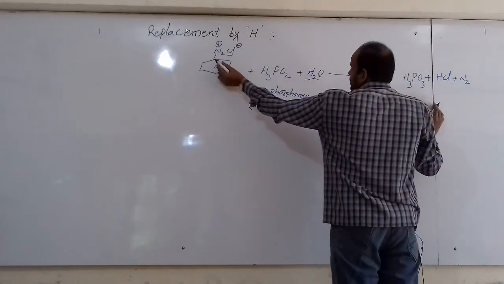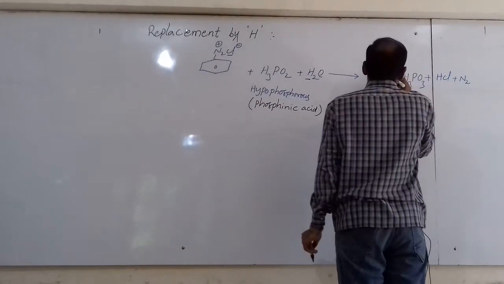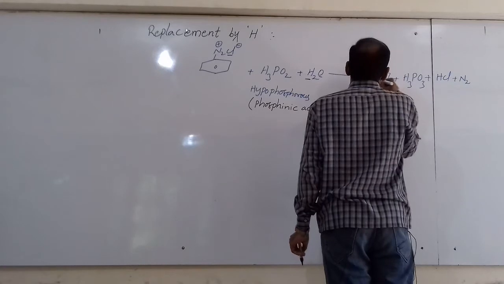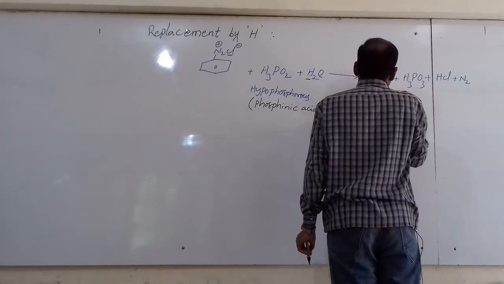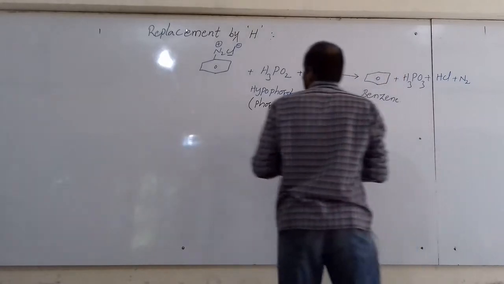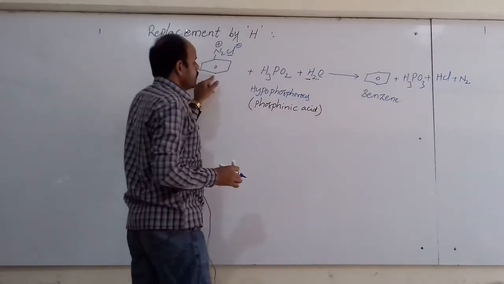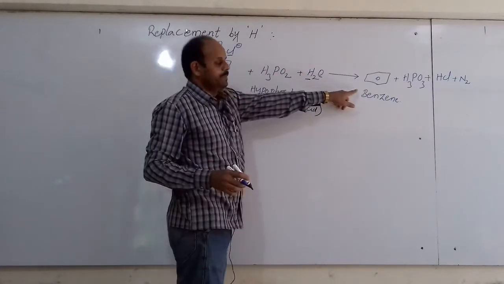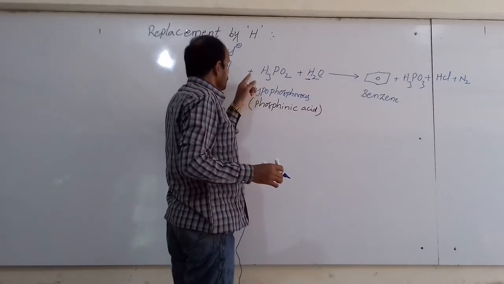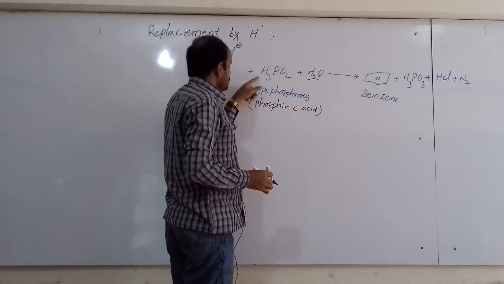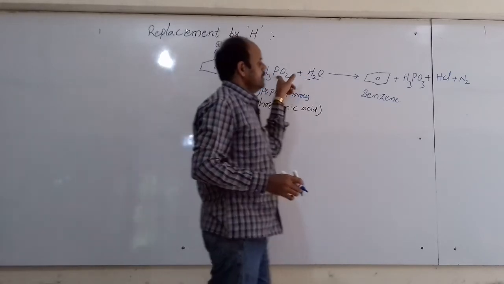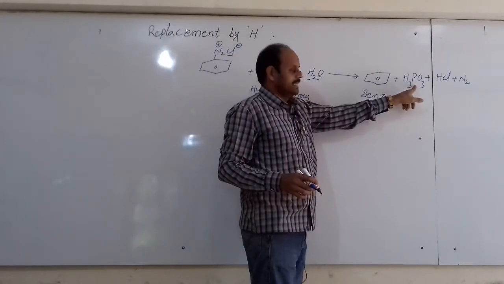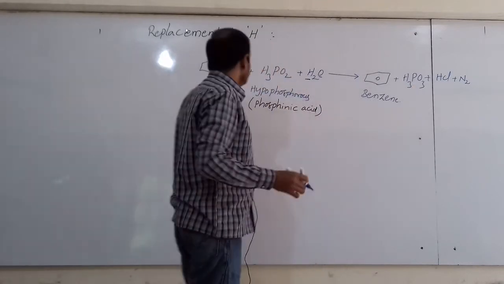This hydrogen is attacked on this benzene nucleus. Thus we get benzene. Thus benzene diazonium chloride is reduced to benzene when reacted with phosphoric acid in aqueous medium, and this phosphoric acid is oxidized to phosphorus acid.